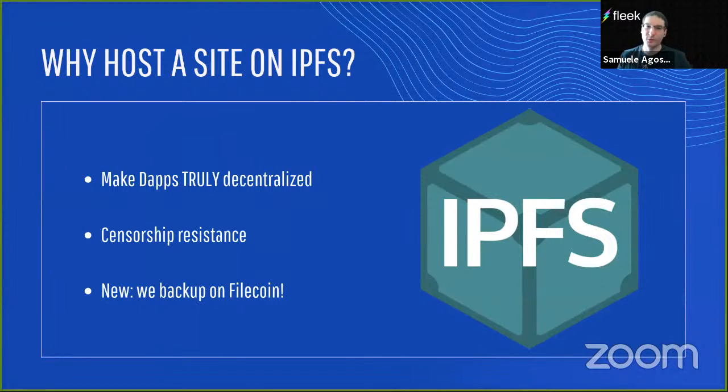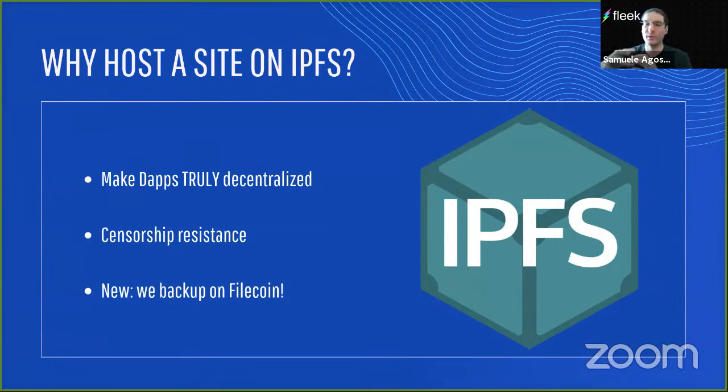But first, we should answer the question: why would you want in the first place to host a site on IPFS? Why not just use AWS, Heroku, or something like that? Well, it's important because we want to make our dApps truly decentralized. When you make a dApp, a decentralized application, it is decentralized in the sense that you're talking with Ethereum.